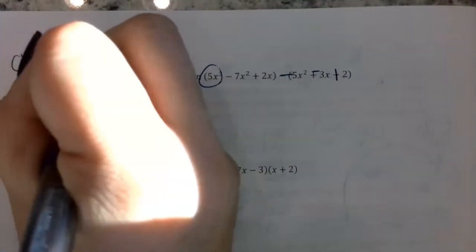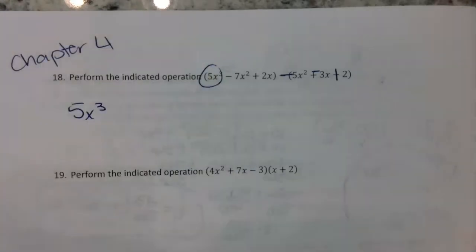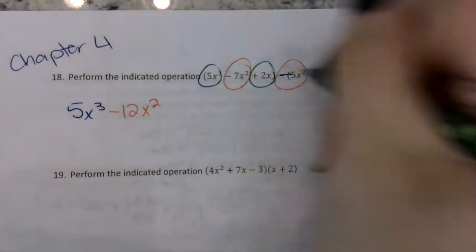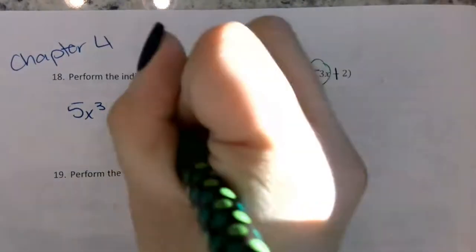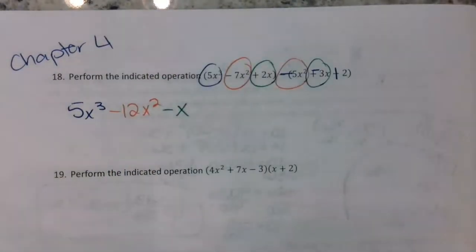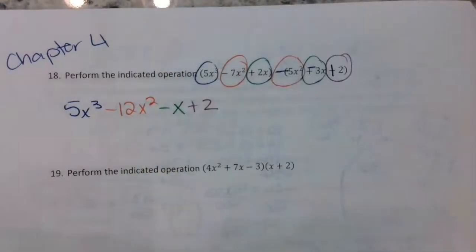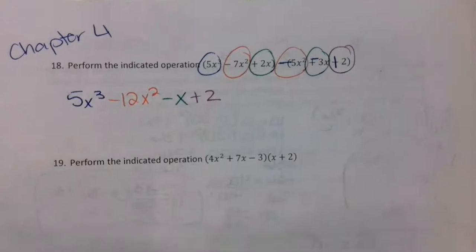So I have 5x cubed. Then I have negative 7x, negative 5x squared, so minus 12x squared. 2x, negative 3x, so I mean negative x. And then I have positive 2 at the end. That's all I have to do here.